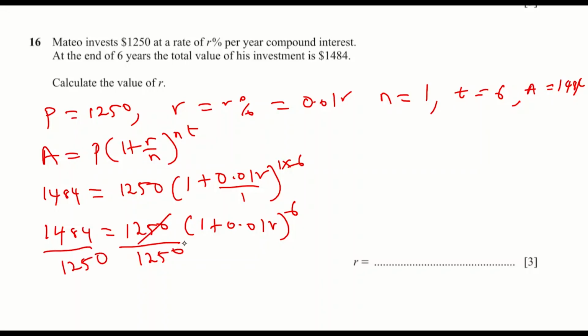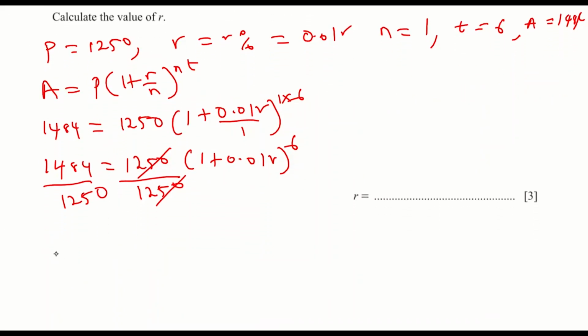If you do that, this will go, so we are left with this. Let's write this first: 1484 over 1250. I want to show you the working. I don't want to skip any part of the solution. So 1 plus 0.01 R to the power of 6.